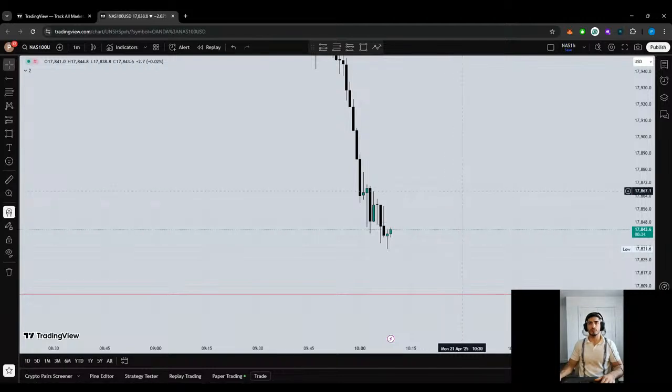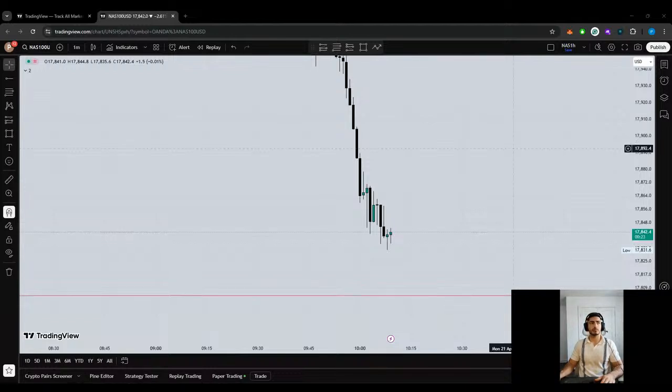Five-minute is about to close. I thought I was about to close the live stream, but I really would like to see this price action.